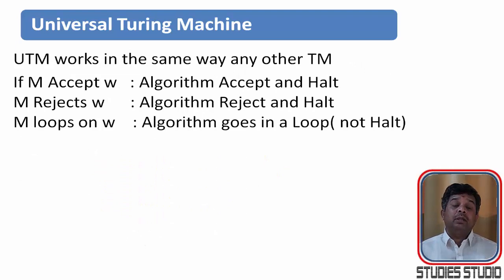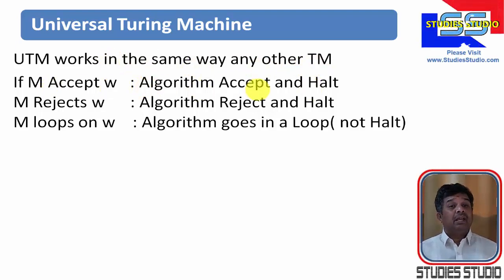So, a universal Turing machine works in the same way as any other Turing machine. If M accepts the string W, then the algorithm accepts and halts; if M rejects W, then the algorithm rejects and halts; and if M loops on W, then the algorithm goes into a loop. It will not halt at any point of time.